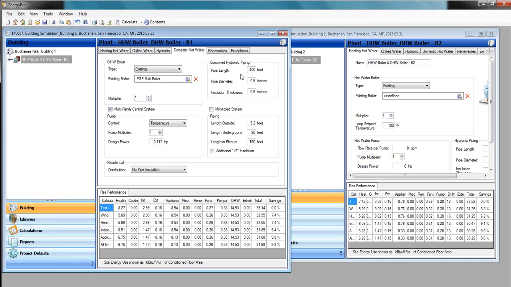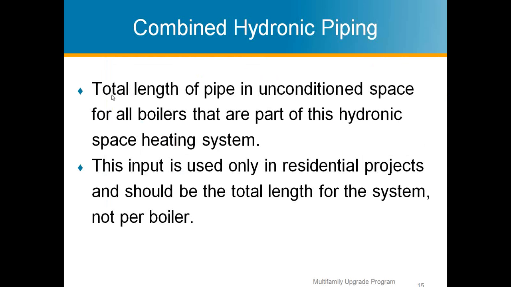When we're talking about pipe length for the hydronic piping, you need to estimate your pipe length. The pipe length that they're looking for in EnergyPro is the pipe length that is in unconditioned spaces. So total length of pipe in unconditioned space for all boilers that are part of this hydronic space heating system. This input is used only in residential projects and should be the total length for the system, not per building.